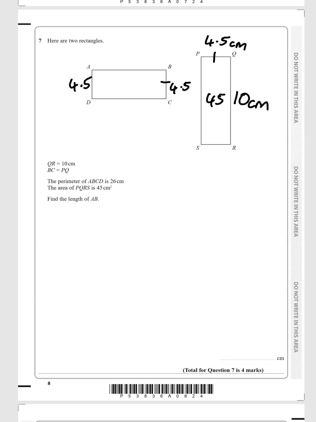So it's better to finish reading the question. Find the length of AB. Right, okay, so we need that length there. Well, we know the perimeter of ABCD is 26 centimetres.